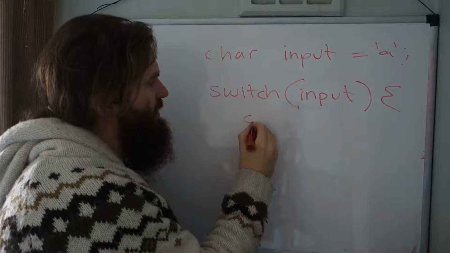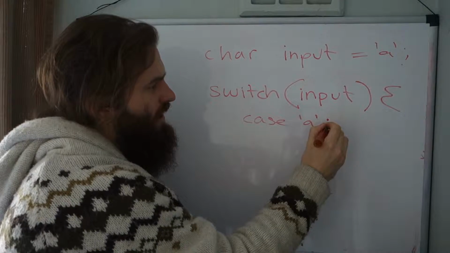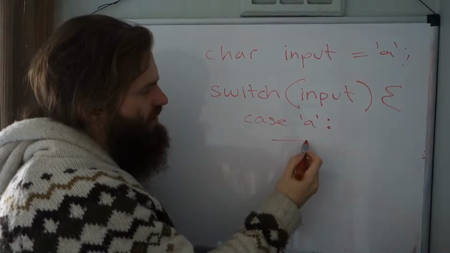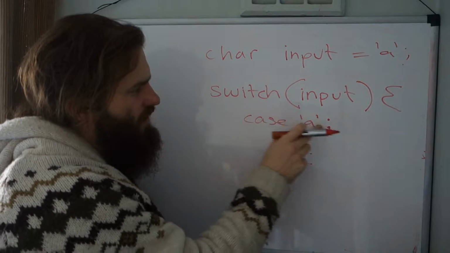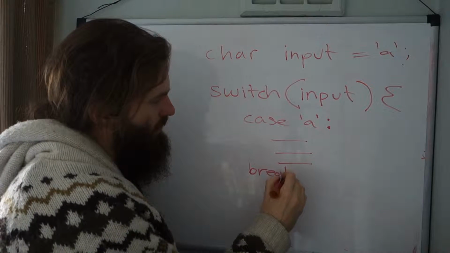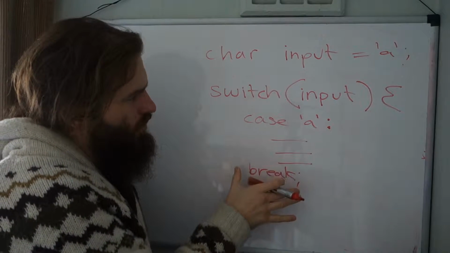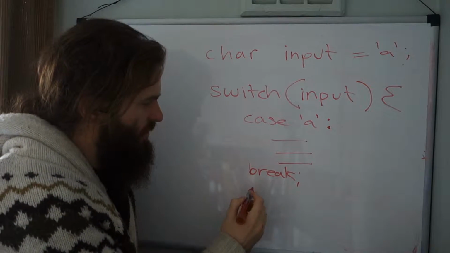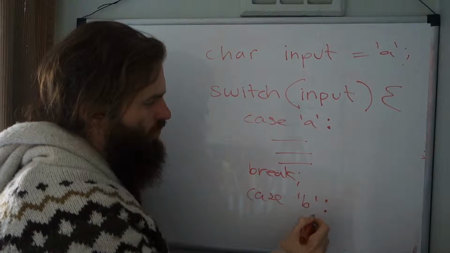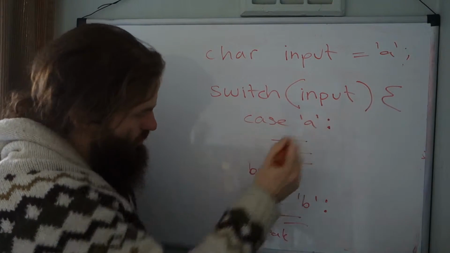So we would say case A, and then a colon, and then we can put all of our statements in here after the case, and when we finish with that particular case we put break, followed by a semicolon, and that breaks out of the switch statement. So we'd have then case B colon, put our statements, break, and of course at the end of all that we've got our closing brace.